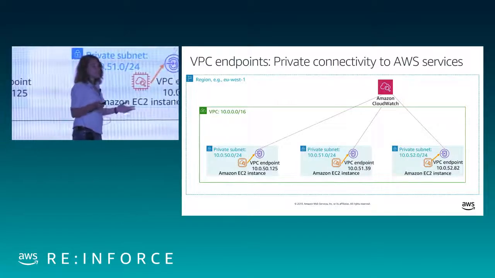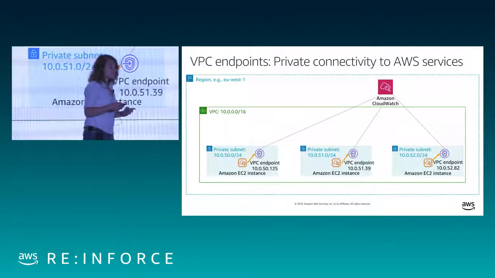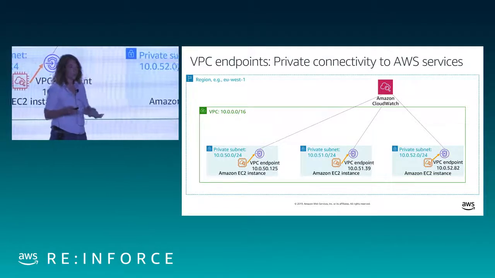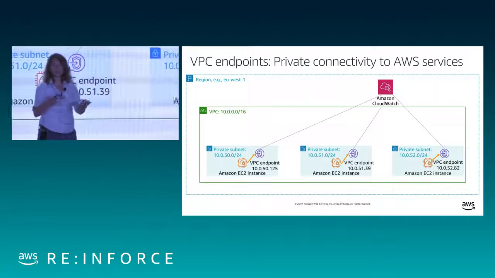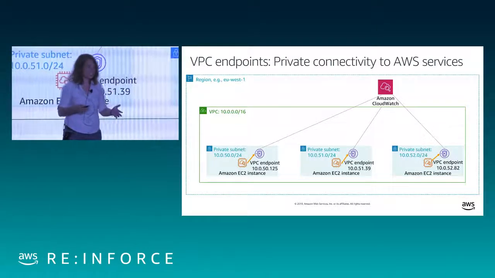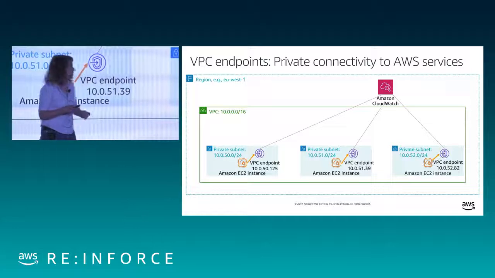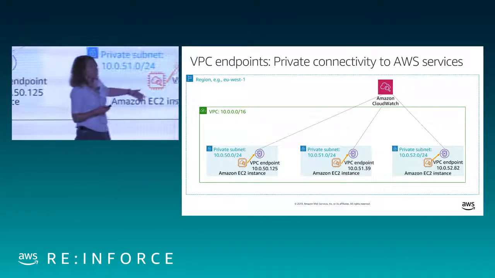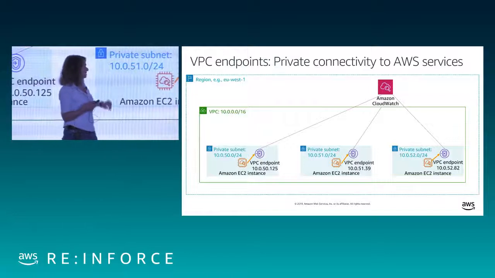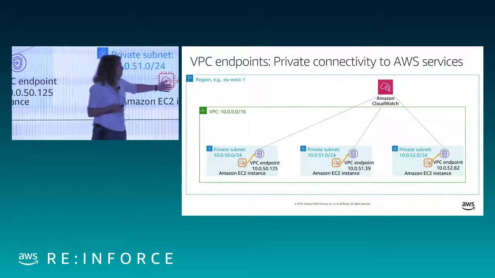A long list of our AWS services support this mode of connectivity, and the way it works for nearly all of them, S3 and DynamoDB work a little bit differently than what you're seeing in this picture, but the effect is the same, and you'll quickly get the hang of how those work as well. But CloudWatch Logs and all of our other VPC endpoint services, except for S3 and DynamoDB, support this.